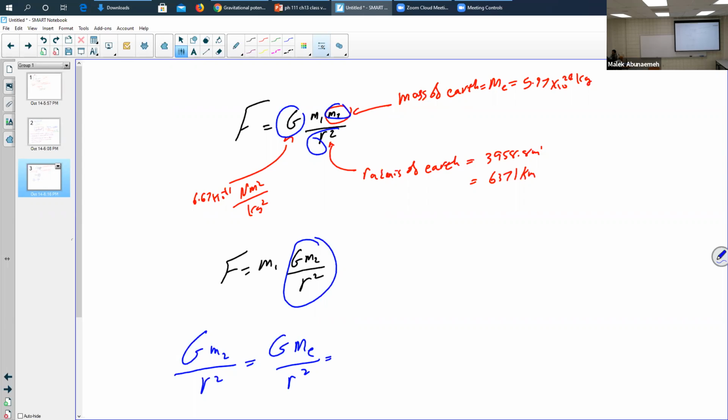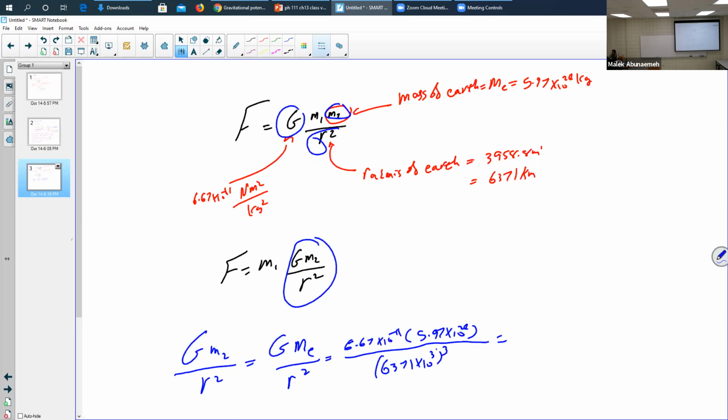So multiplying the first one, your 6.67 times 10 to the negative 11, by 5.97 times 10 to the 24, and dividing that by your 6371 times 10 to the 3 power squared.